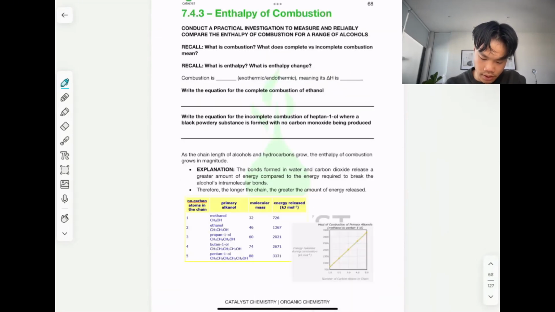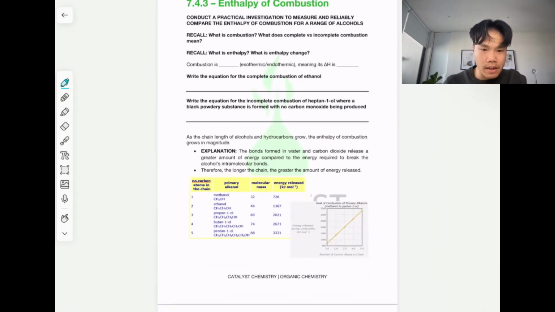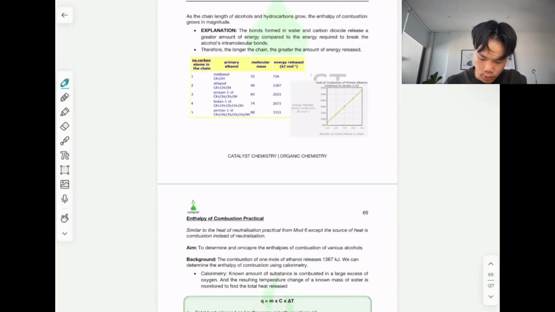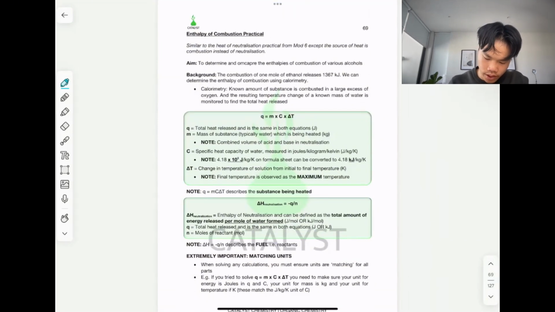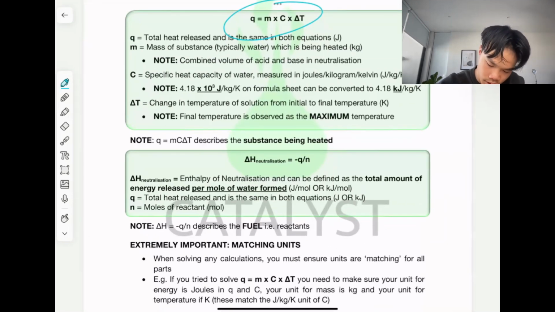Okay. Enthalpy of combustion. So you should know the two main equations, sorry, that you have Q equals mc delta T, and there's a typo on this. This should be delta H of combustion, and the definition is slightly different.